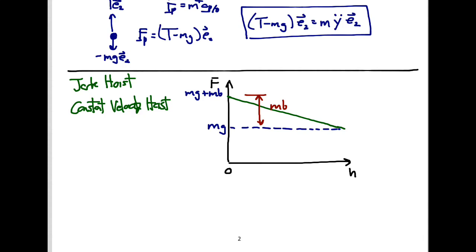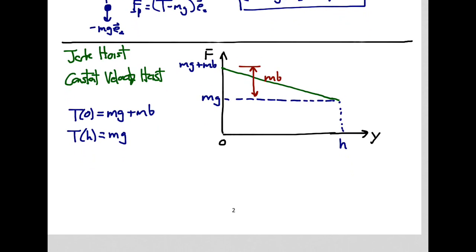So we've simply said that we've got a place that we need to end up, which is mg at the very end to be able to hold it, and then we're going to add this difference that we're just parameterizing by this parameter b. And so we're saying that the force, or the tension, at position 0 is equal to mg plus mb, and that our tension at our height, when we get there, is going to be equal to mg.